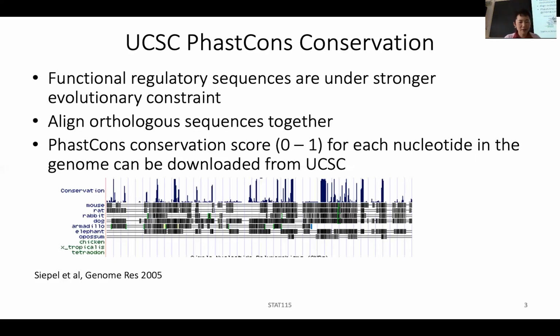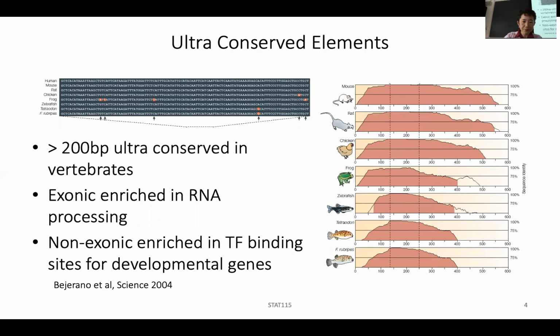So you can use conservation to eliminate sequence so that if you have to look far away from the transcription start site, you don't need to look at all the sequences. You can narrow down your search space.